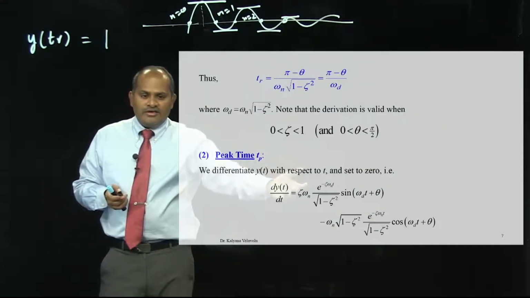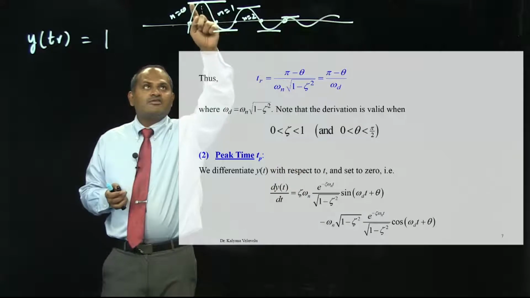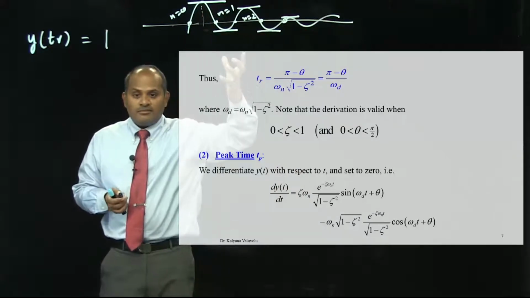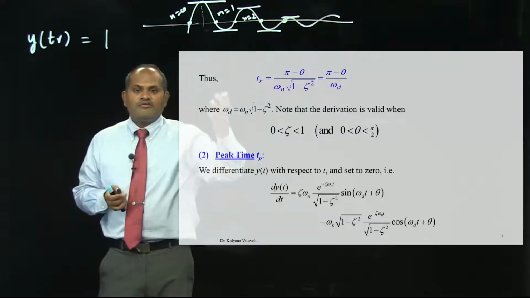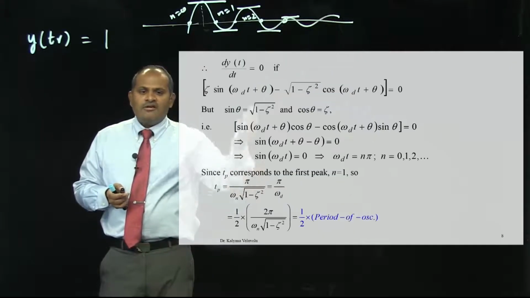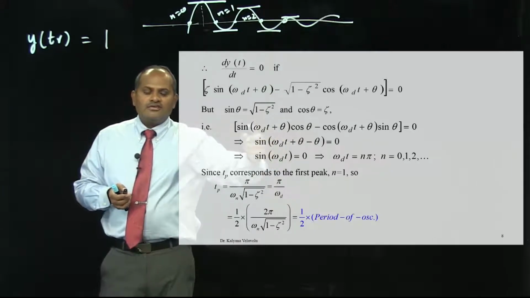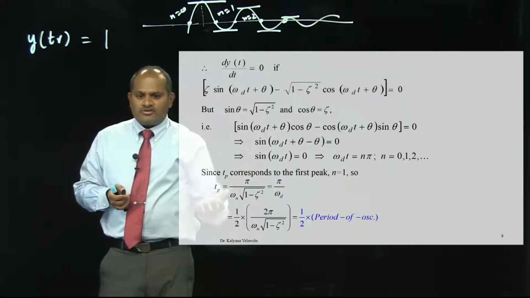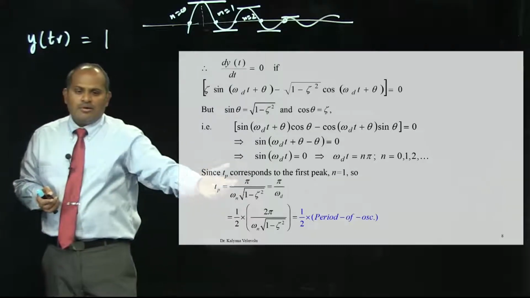So, what we did is differentiate, because if you want to know the peak points, the maxima, we have to differentiate. Once you differentiate, you can get all the maxima and minima. Use one differential, equate to 0, and then get sin omega d t equal to 0, and get the expression for Tp. Tp is equal to pi by omega d.